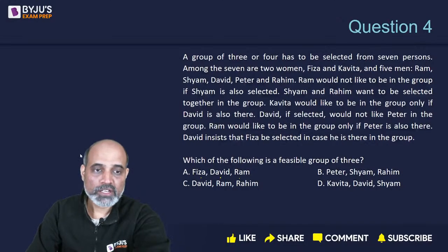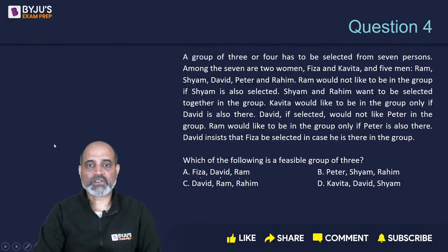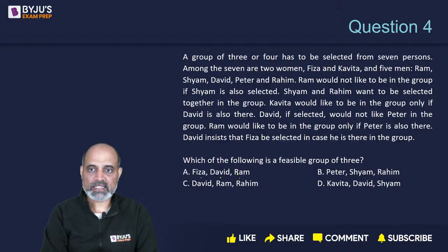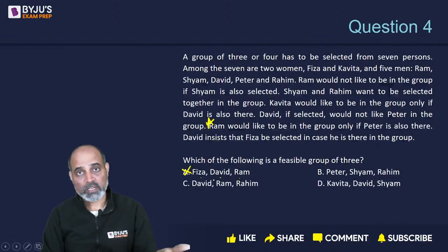Now, since Ram is there but Peter is missing, because of this particular condition, A will not make sense, right? Ram is like, if Peter is there, I'll come along. But Peter is not there. How come Ram is there?